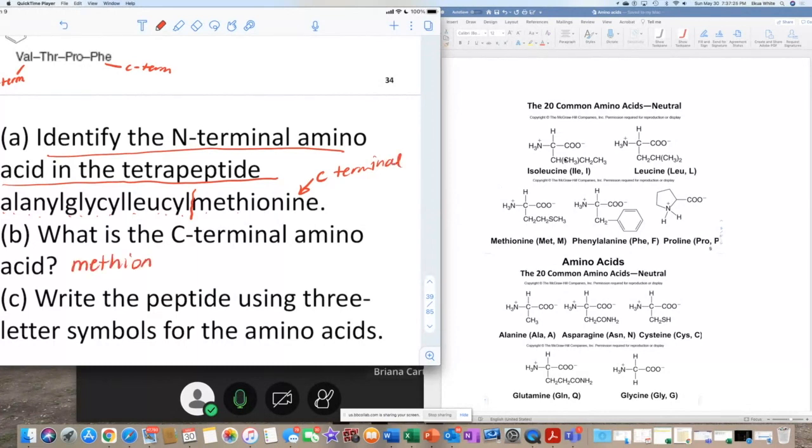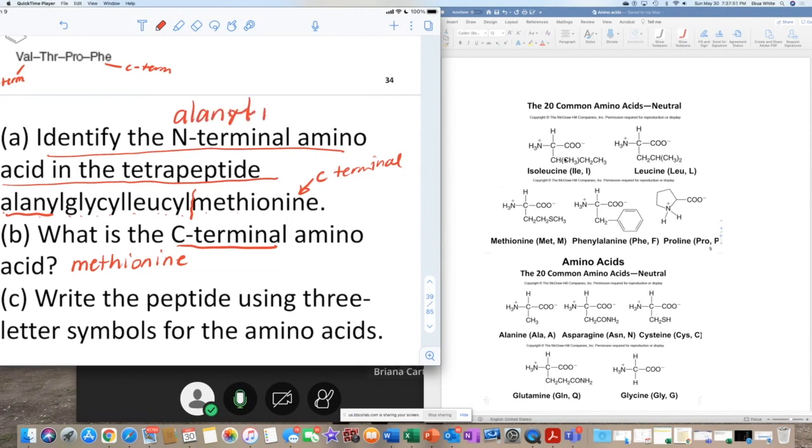I'm going to write this here. Methionine is a C terminal amino acid. Why? They always put the N one to the far left, the C one to the far right, the C terminal, right? And then for the N terminal, you want to take the name, so it's alanyl.